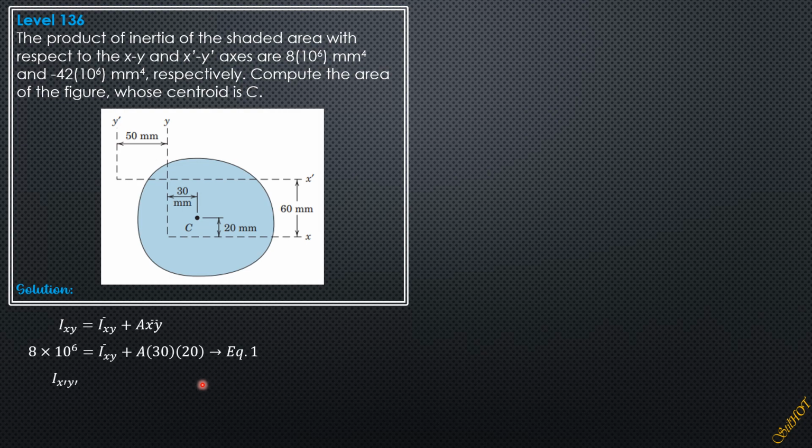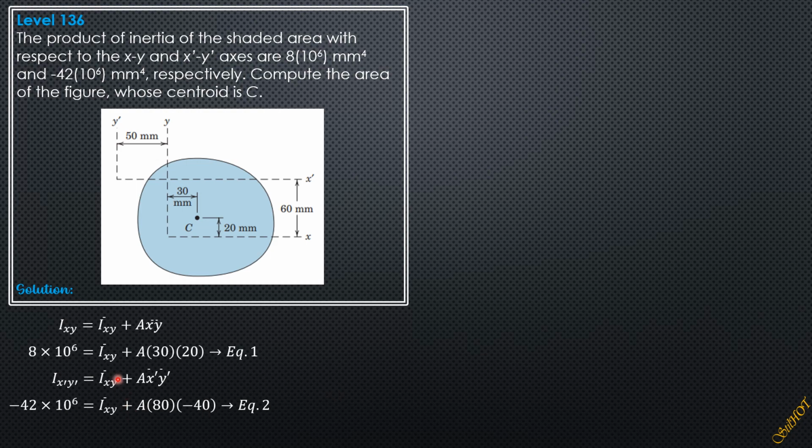So Ix prime y prime equals I bar xy plus area times bar x prime times bar y prime. So negative 42 times 10 to the 6 equals I bar xy plus area, unknown, times positive 80, as I said, 50 plus 30, then negative 40. C is 40 mm below the x prime axis, so that's why it's negative 40.